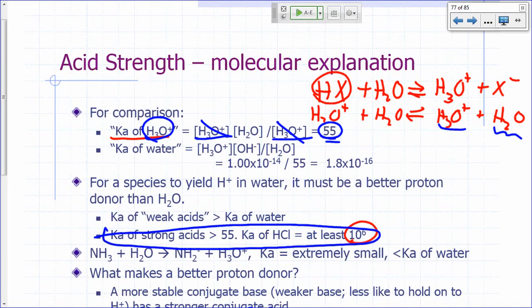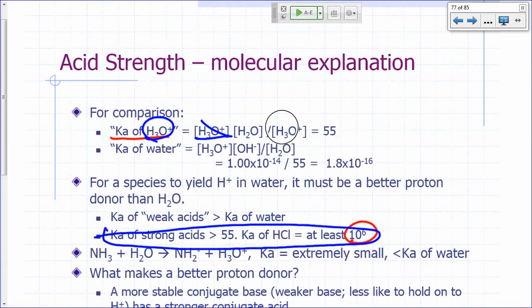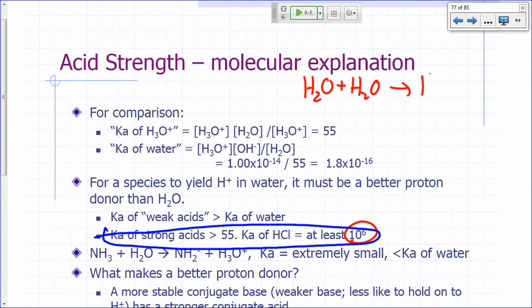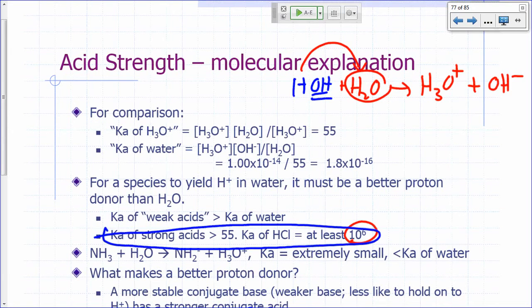Now what would be the Ka of water itself? For comparison purposes, you're going to say water plus water. You proton transfer. Let's think of water here as HOH, so this is our X. That gives you H3O plus, as that proton drops onto that water molecule, plus hydroxide. You might say that's Kw.